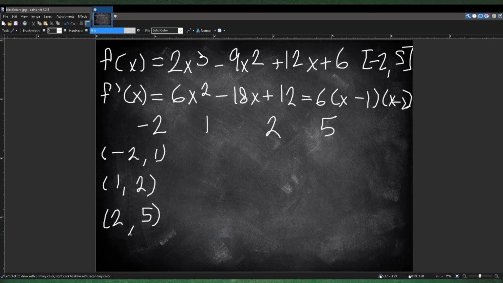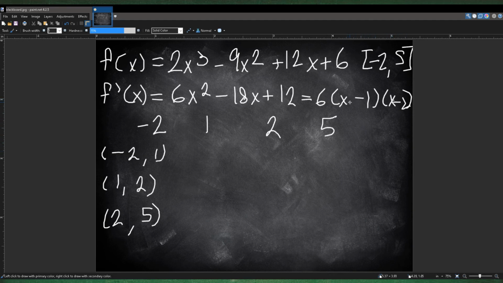All we have to do is plug points into our derivative. If the derivative is positive at that point, then it's increasing on that interval. If it's below zero, then it's decreasing. So for -2 to 1, let's plug in something between them, say 0, into 6 times x minus 1 times x minus 2.